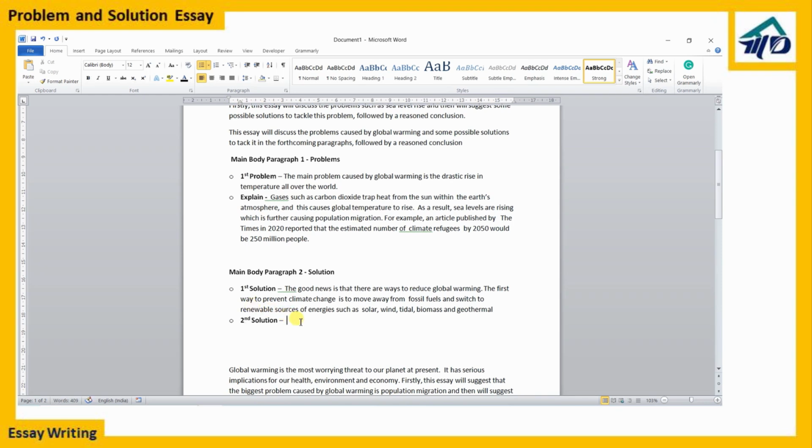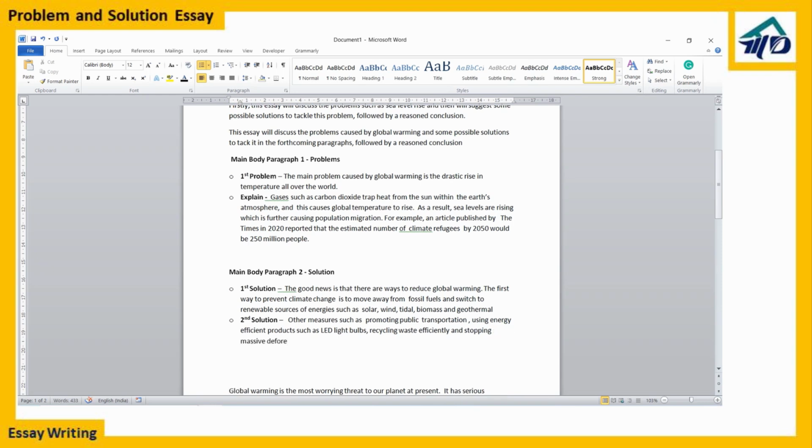Now what I'm going to say is, another way is to, in addition to that, I can say other measures such as promoting public transportation, using energy efficient products or devices, such as LED light bulbs, then recycling waste efficiently, and stopping the massive deforestation which is going on right now.